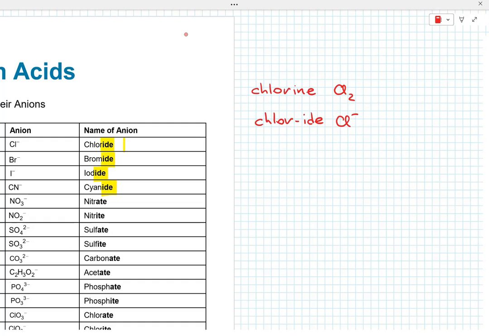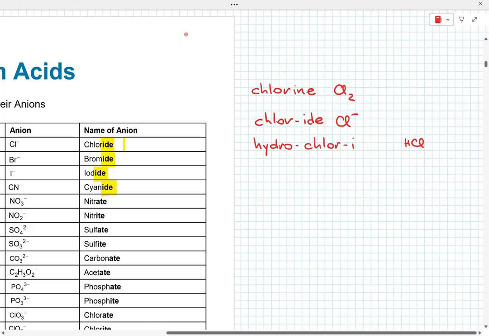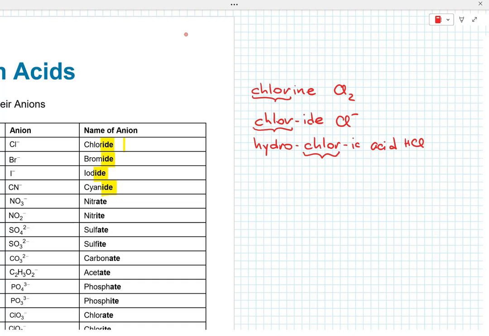Chloride. Does that make sense? And this acid, hydrochloric acid. You see that there is a syllable that is preserved in all three names. Good? We drop I-N-E.